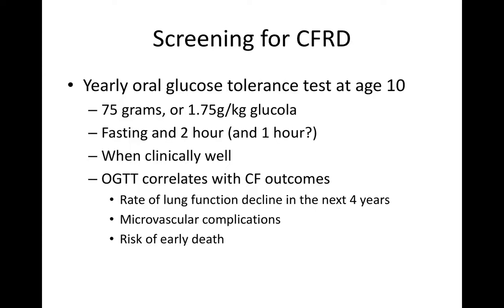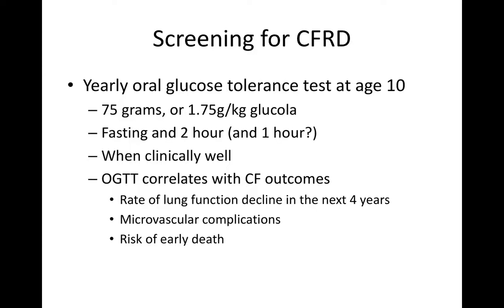We know that the oral glucose tolerance test results correlate with CF outcomes. So if you have cystic fibrosis related diabetes diagnosed on an oral glucose tolerance test and you do not treat it, we expect that your lung function decline will increase over the next 4 years. We expect that you might have some microvascular complications like kidney disease.